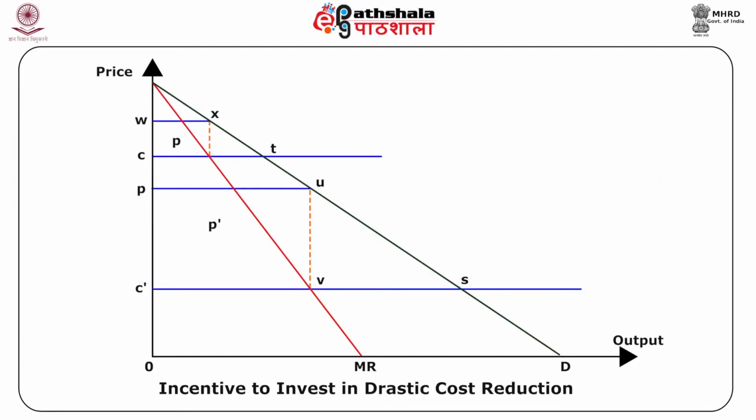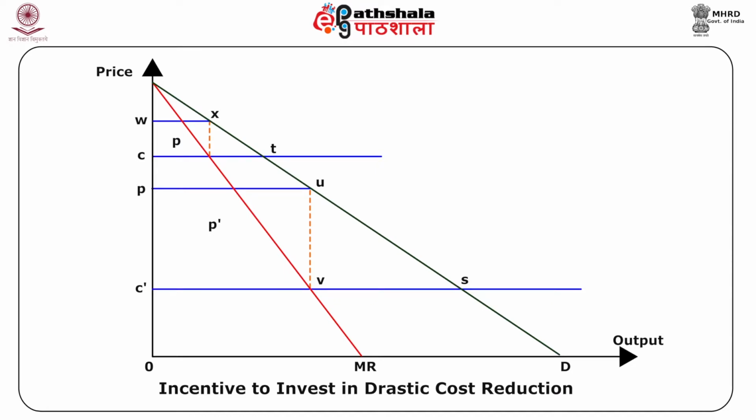First, we will discuss the incentive to invent in competitive industries and how it differs from incentive in monopolized industries. In the figure, D is the linear market demand curve and halfway to the market demand curve is the marginal revenue curve. C is the pre-invention unit cost curve. The introduction of a drastic cost reducing innovation, a process innovation, would result in a decline in unit cost from C to C dash.